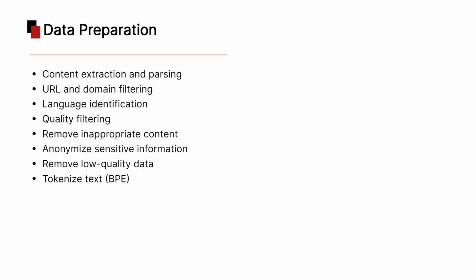Finally, the cleaned text is tokenized, typically using byte pair encoding (BPE), which breaks the text into subword units. This allows the model to handle rare words and new terms more effectively, and ensures that the model's vocabulary is compact yet expressive. By the end of this pipeline, we have a high-quality, privacy-safe, and well-structured dataset that sets a strong foundation for training a reliable and ethical chatbot.